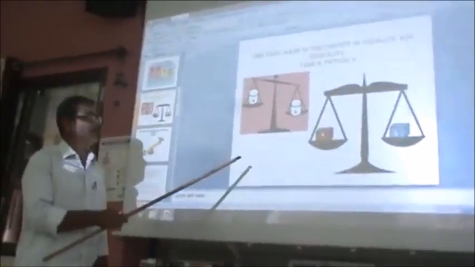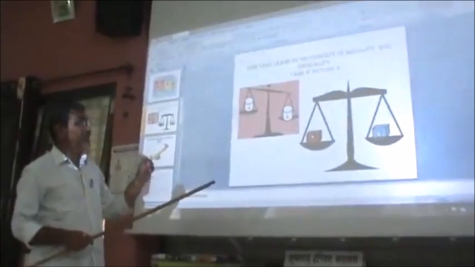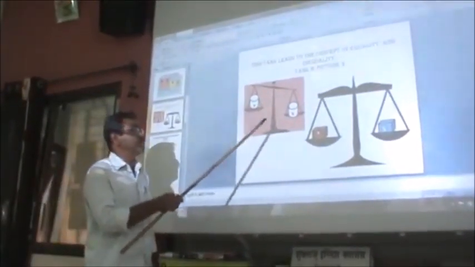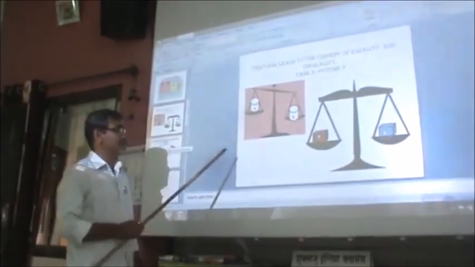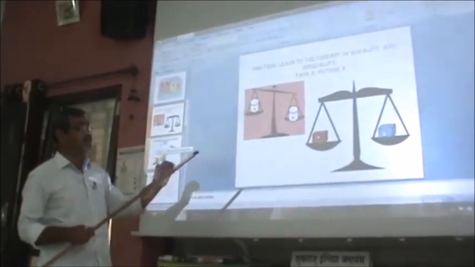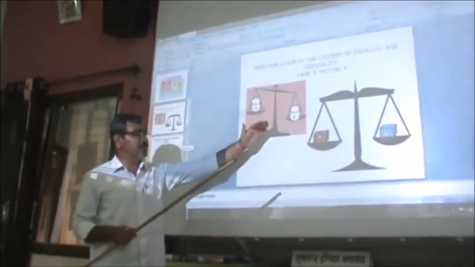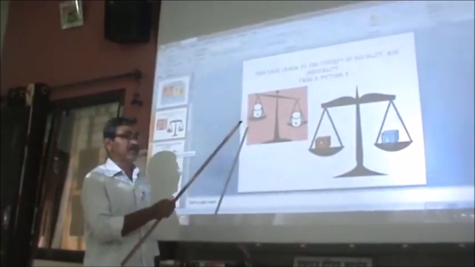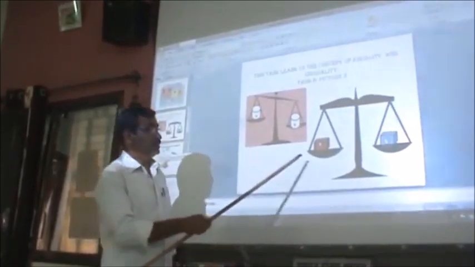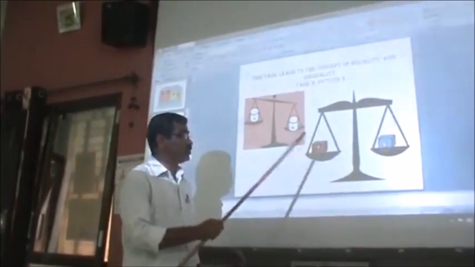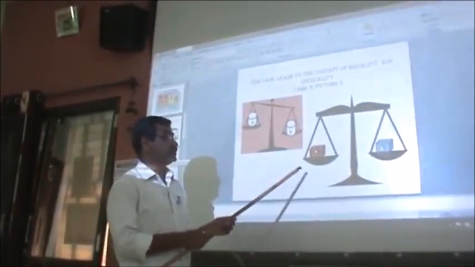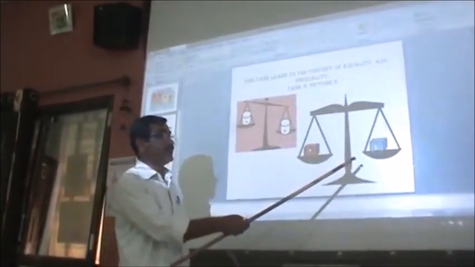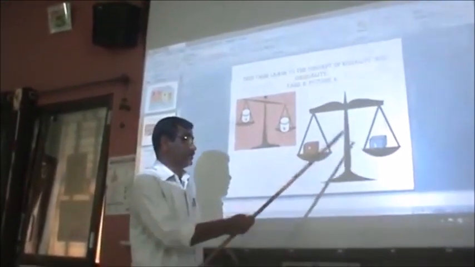Now in this another picture, we are seeing a weighing balance. In the first picture, there are two weights put in the two parts of the weighing balance, A and B. Here we see that part B is heavier than part A. Here B is greater than A. In the second picture, in the left part is x, whose weight we do not know, and in the other part the weight is 5 kg.